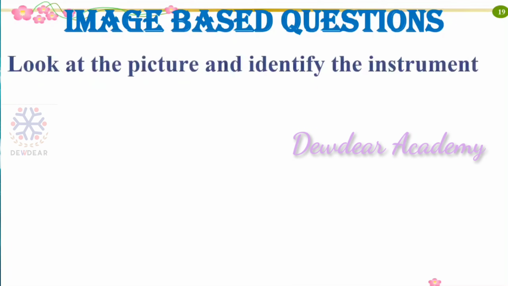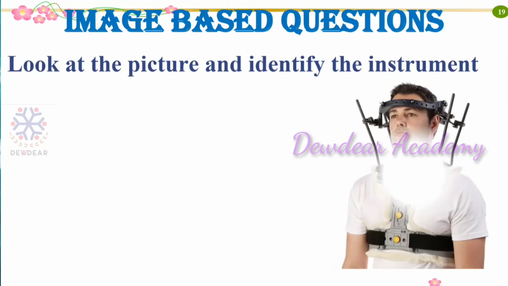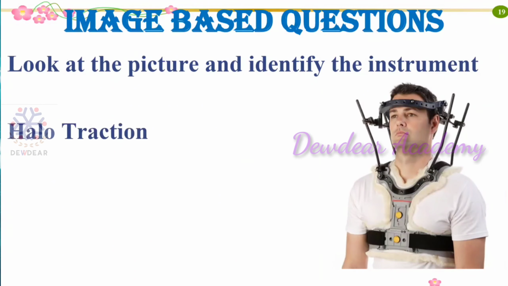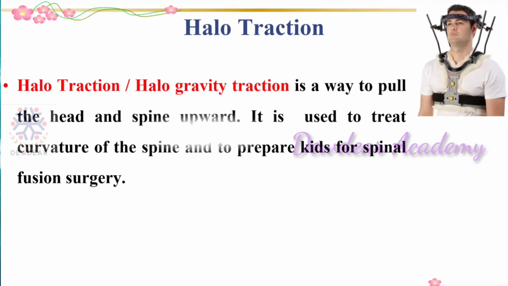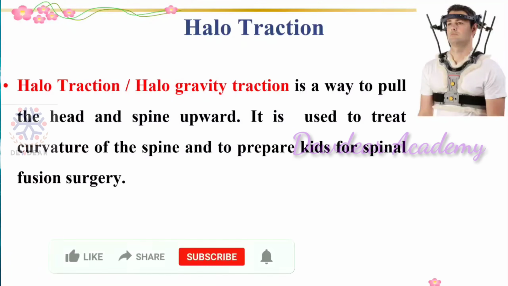Look at the picture and identify the instrument given. So what is the instrument? The device given here is the halo traction. So what is halo traction? Halo traction or halo gravity traction is a way to pull the head and spine upward.